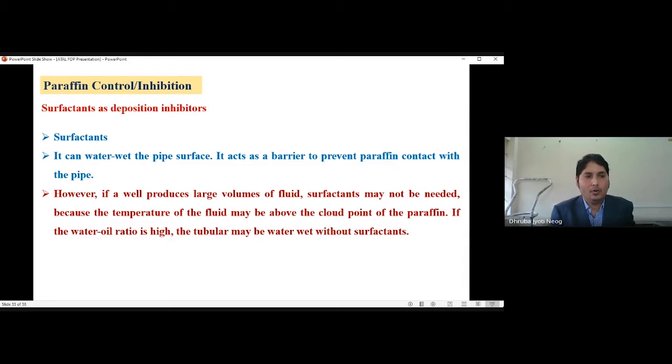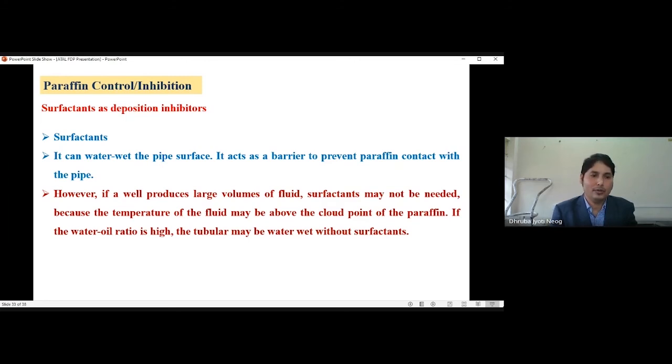Surfactants may be used to contain the paraffin deposits. A surfactant can water-wet the pipe surfaces and acts as a barrier to prevent paraffin deposits, because whenever surfactants are added, they create a water-wet condition on the pipe wall.